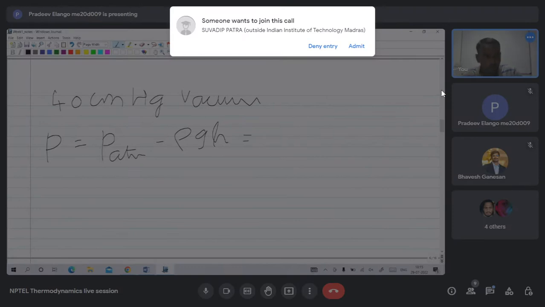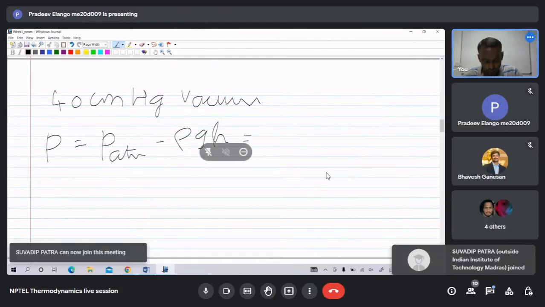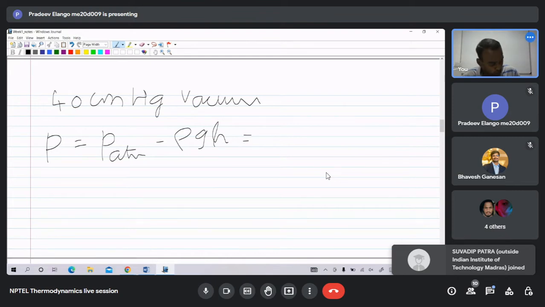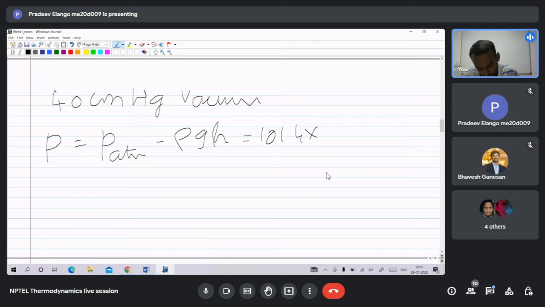So here P atmospheric is 101.4 into 10 power 3 pascals, and rho is 13,600 into acceleration due to gravity, into height, which is 40 centimeters, so that is 0.4. So this should be subtracted from the atmospheric pressure, so there should be a negative sign here.